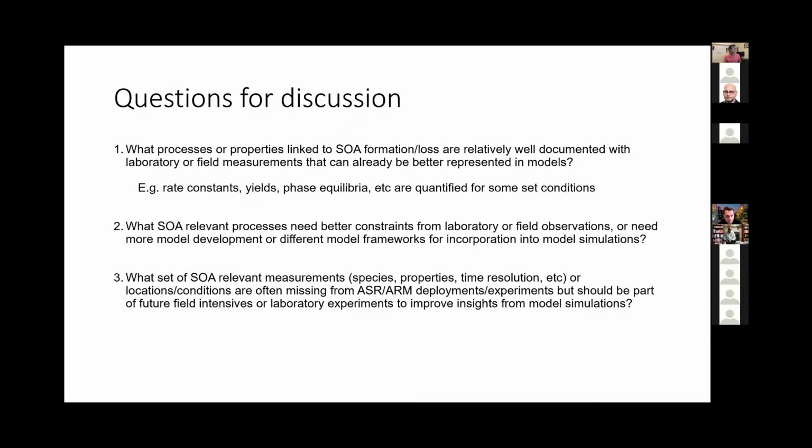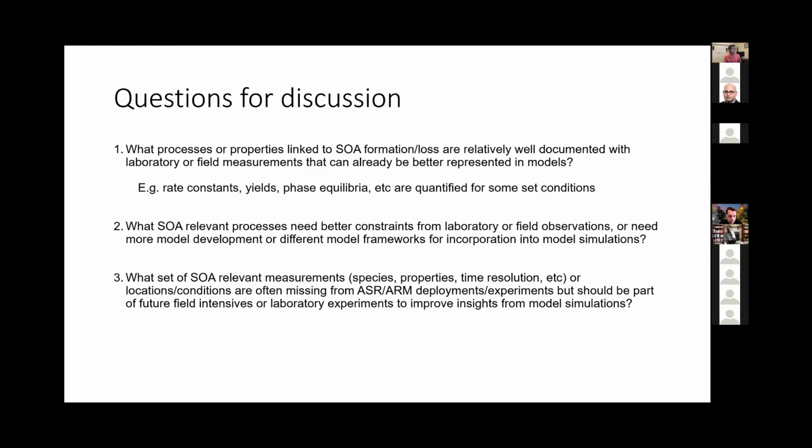So for example, there might be processes for formation of low volatility molecules where we know the rate constants, we know the yields, or we understand the phase transitions of SOA. So we have quantified these processes in some way for a set of conditions that could be implemented in models. You can certainly feel free to raise those and discuss how they should be implemented.